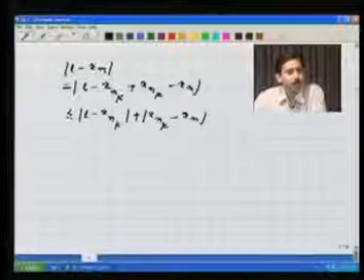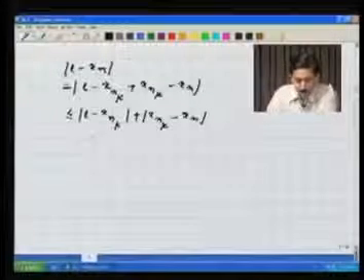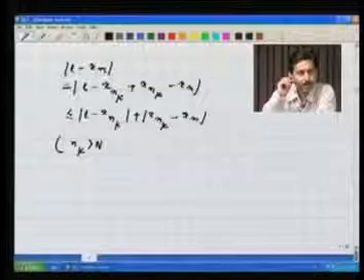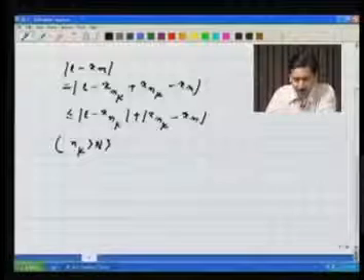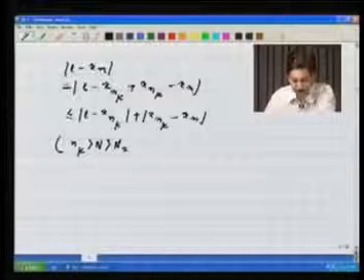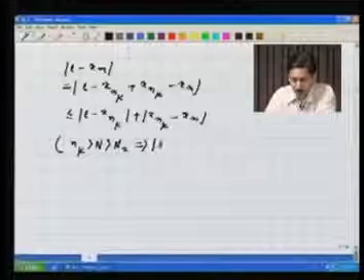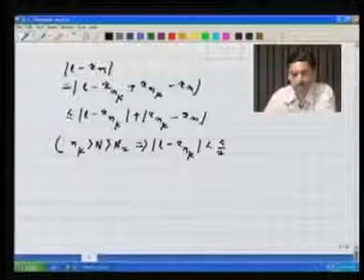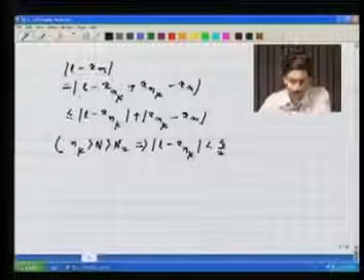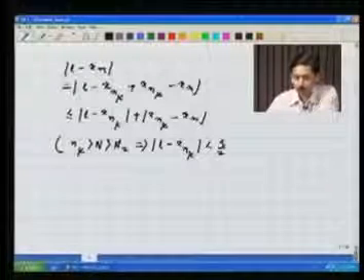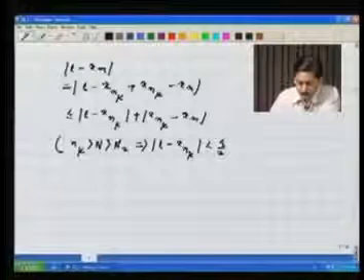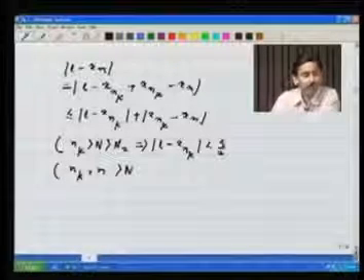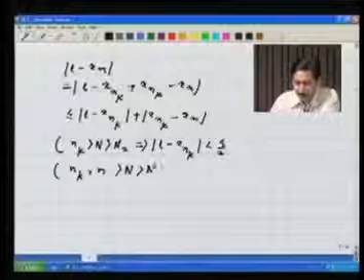Now let's try to see what I know about these quantities. For example, nk is anyway bigger than capital N, and by definition of capital N, it is certainly bigger than n2. This implies that modulus of L minus xnk is less than epsilon by 2. Correct? What happens to the second term, modulus of xnk minus xn? Notice that nk and n both are bigger than capital N, which is bigger than n1.